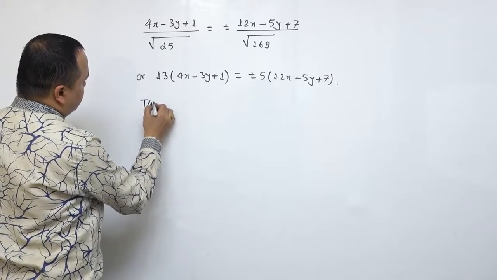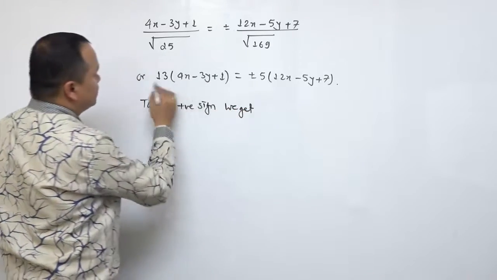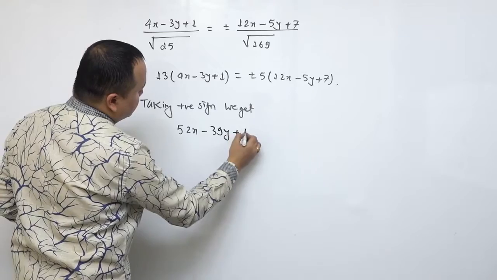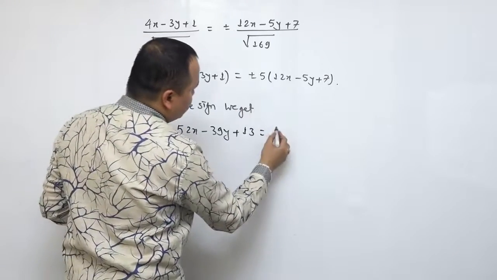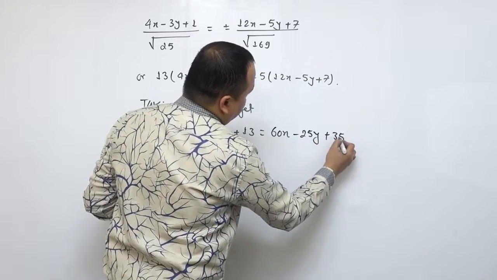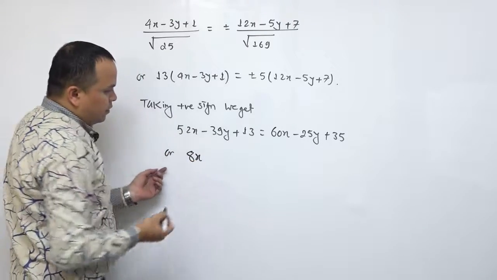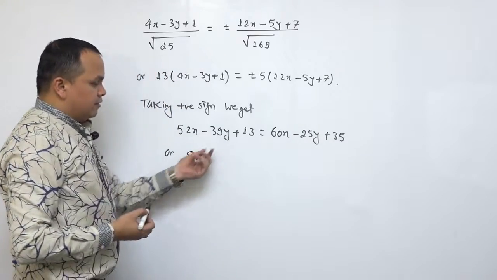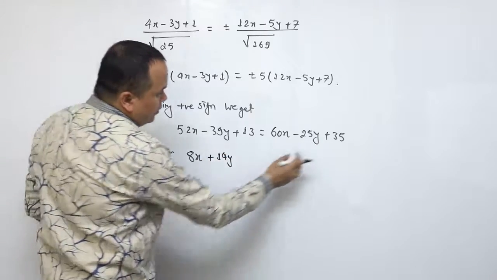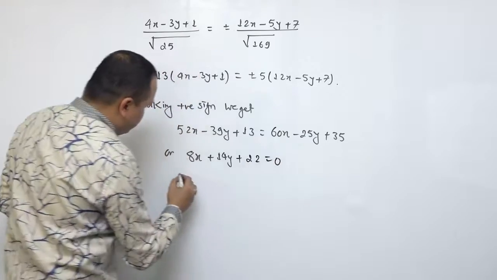Taking positive sign, we get 52x - 39y + 13 = 60x - 25y + 35, or 60x - 52x = 8x, and -25y + 39y = 14y, and 35 - 13 = 22, so 8x + 14y + 22 = 0.